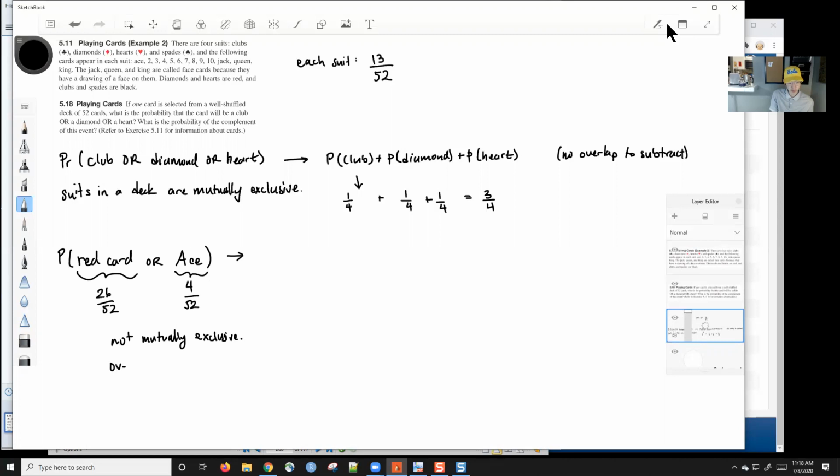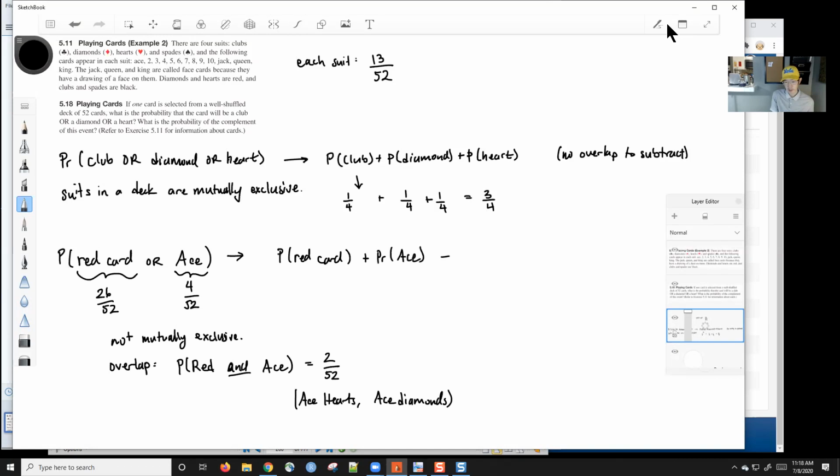So there is overlap, which is the probability of a red card and an ace. There are two cards that fit, the ace of hearts and the ace of diamonds. So this will become the probability of a red card plus the probability of getting an ace minus the overlap.